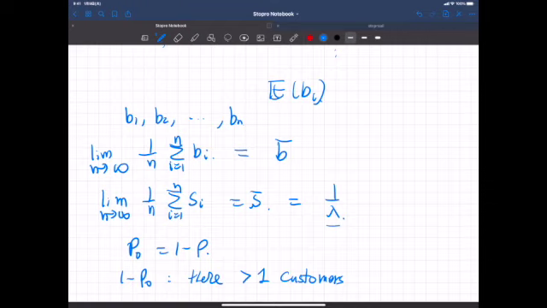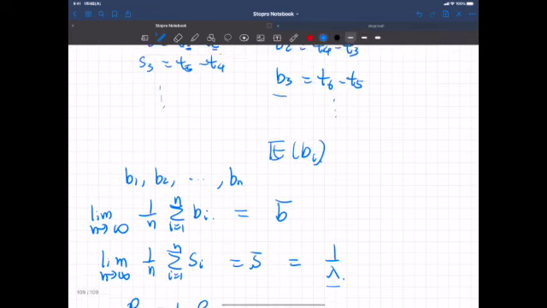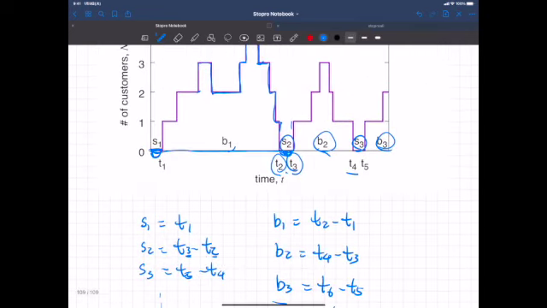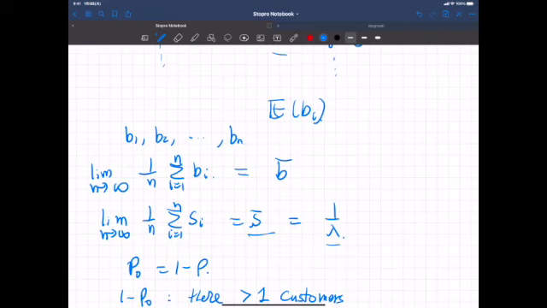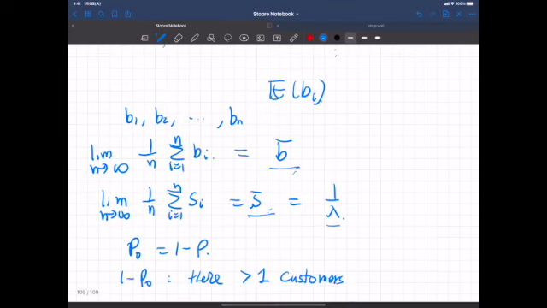So the ratio between these two probabilities should correspond to the ratio between these two averages. After all, the total duration of this process can be split into two parts: slack periods and busy periods.